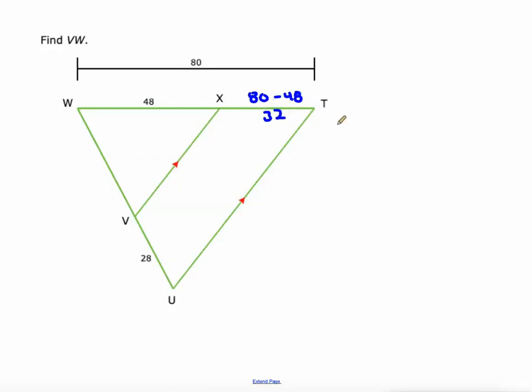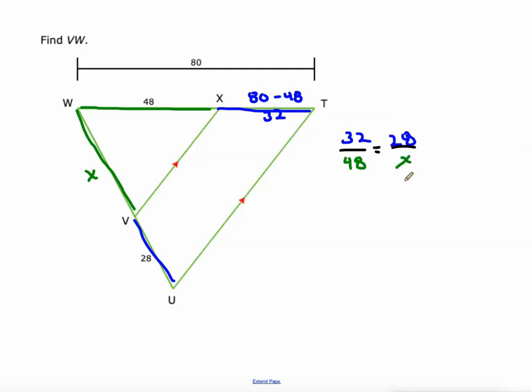And now we can set up a proportion, because we can say that 32 is to 48 as 28 is to this missing value that we're trying to figure out, and we'll call that x. All right, so we'll do cross products on this one.